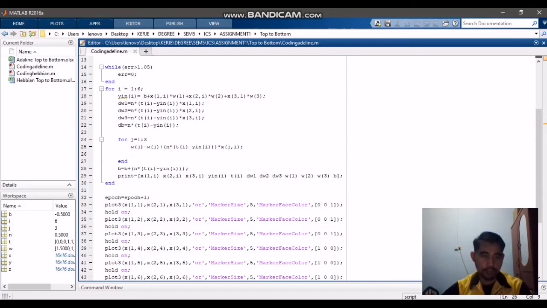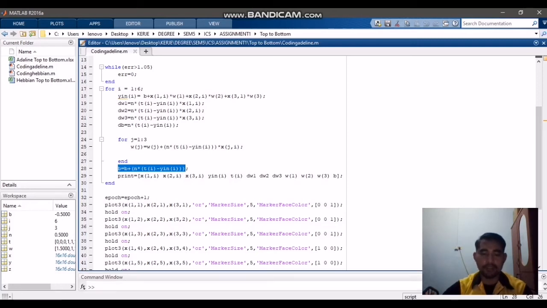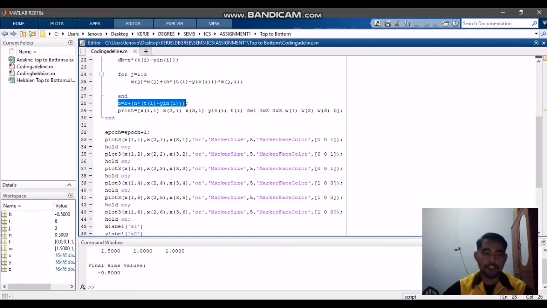Then also in the bias part, the B old plus the learning rate times the summation of target minus the summation, and we need to print x1i here, which is just the basic command in order to get the result. And epoch equal to epoch plus 1.